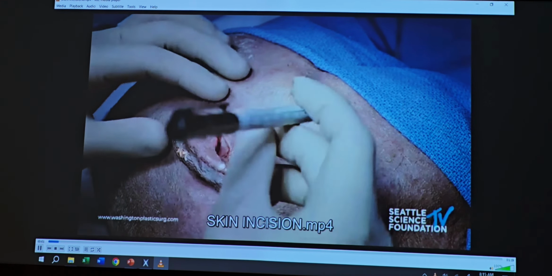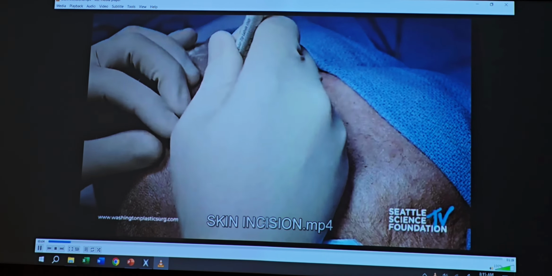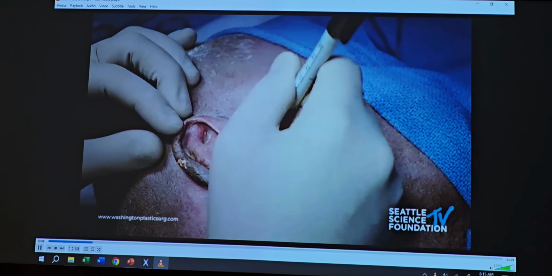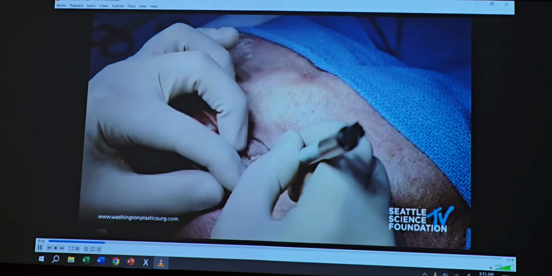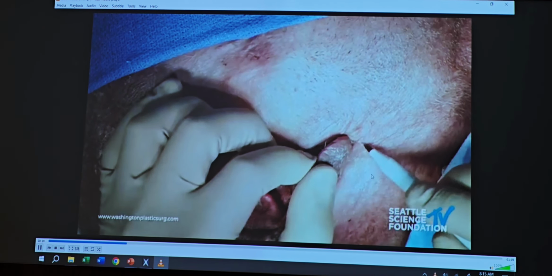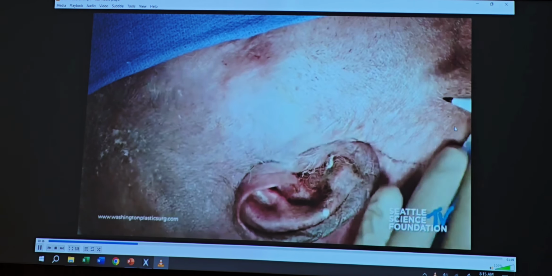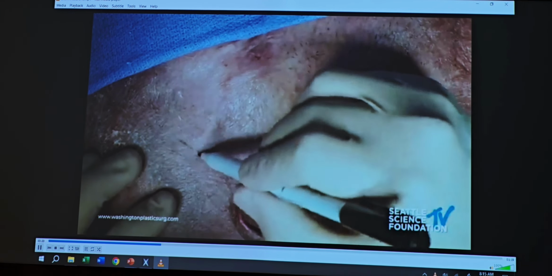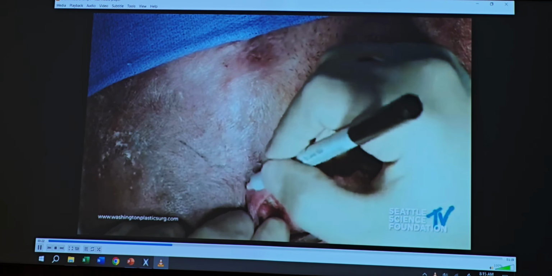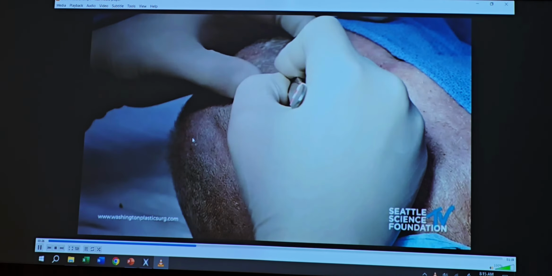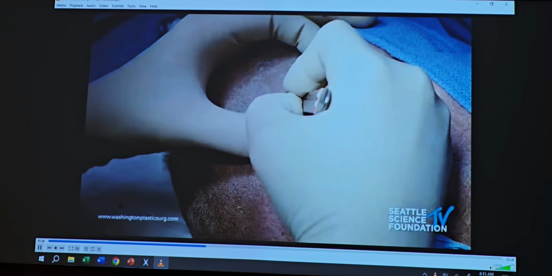So here you can see the incision is marked. So this is the modified Blair incision. And the incision is taken behind and 2 finger widths away from the lower border of the mandible. That is to avoid the marginal mandibular nerve. And for demonstration's sake, we are extending it anteriorly so that it's easy to elevate the flap.